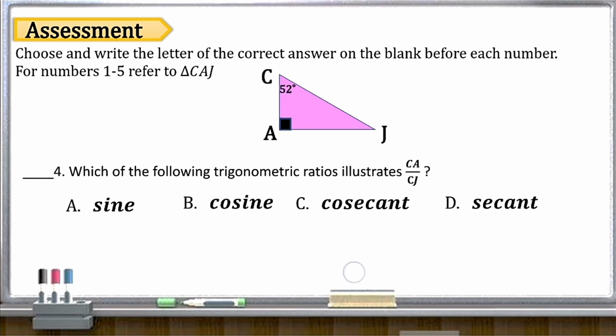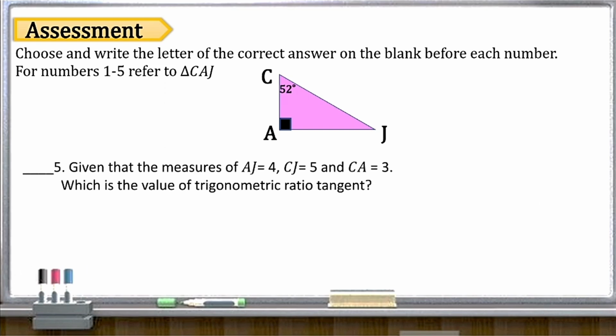And for last number 5, given that the measures of AJ is equal to 4, CJ is equal to 5, and CA is equal to 3, which is the value of trigonometric ratio tangent? Letter A, 3/4. Letter B, 4/5. Letter C, 3/5. And letter D, 4/3.